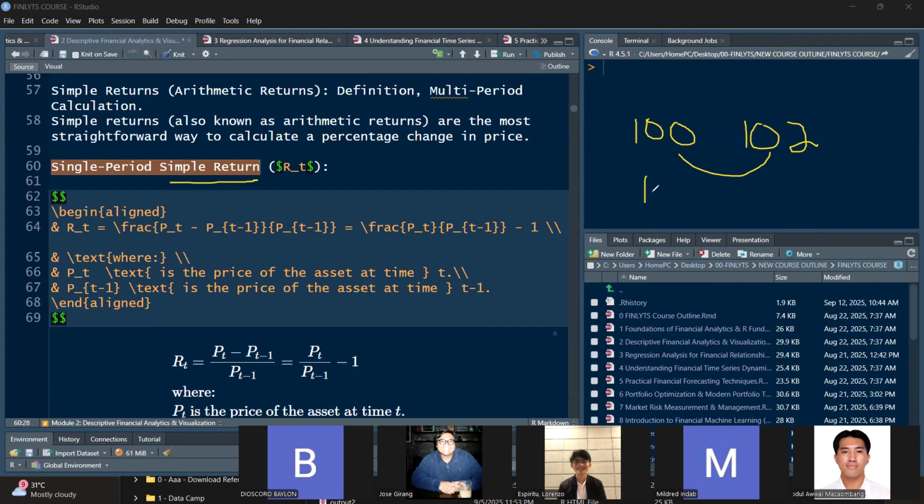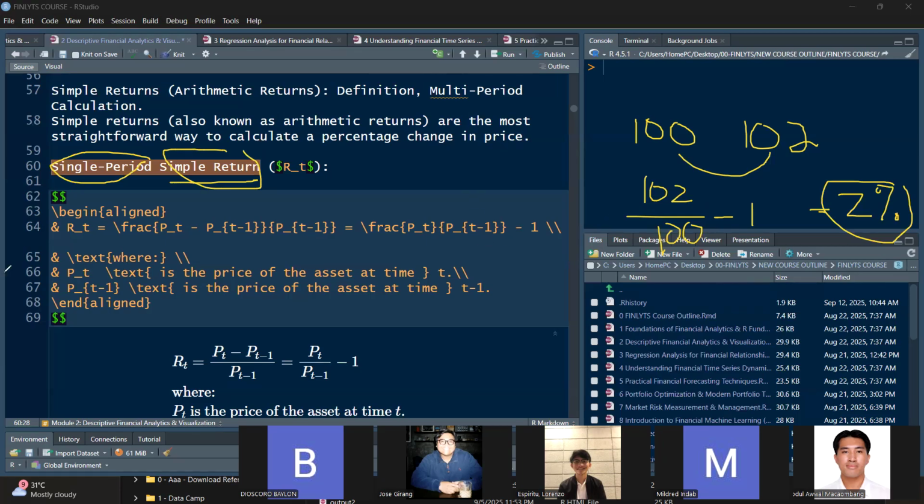So that's 102 divided by 100 minus 1. That's 1.02 minus 1, so that's 2%. We say that the simple return of this asset from comparing today and yesterday was 2%. So single period, and simple return.